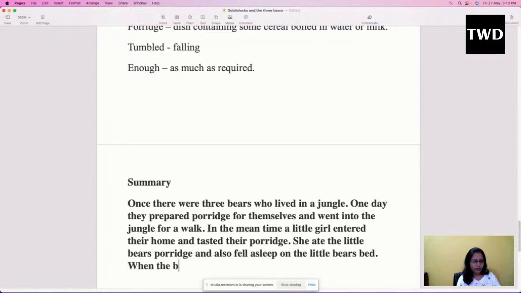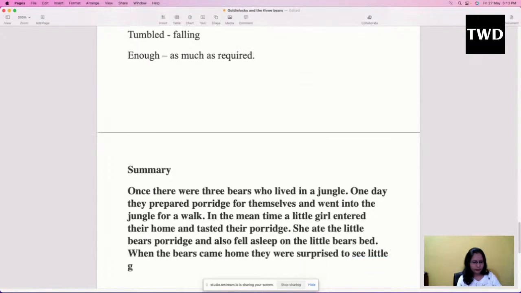When the bears came home, they were surprised to see the little girl. Okay, so here I didn't include the name.